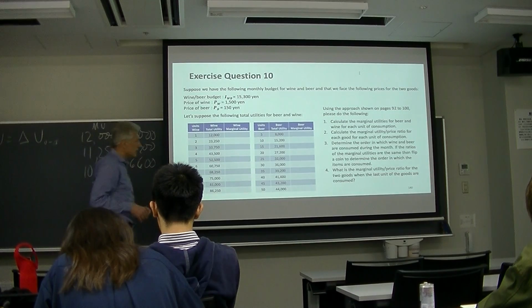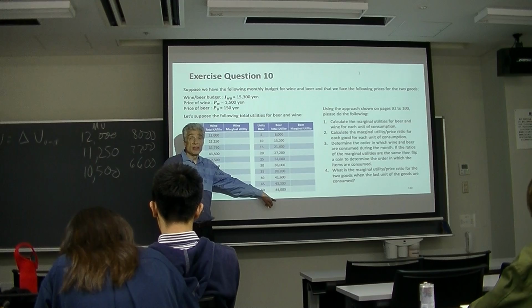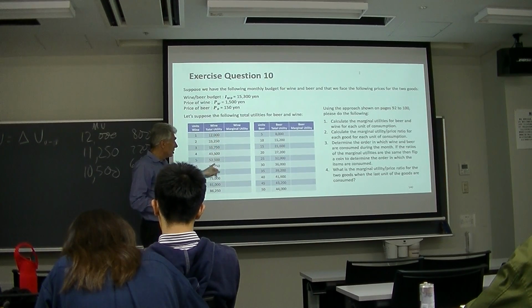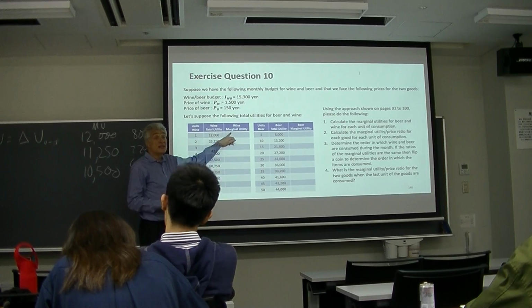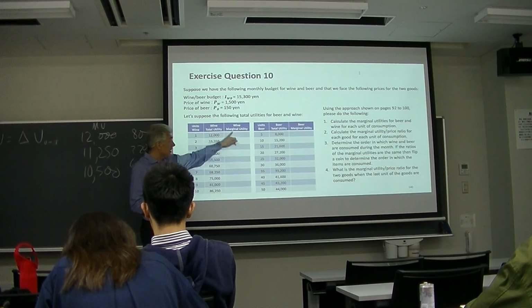There's a regular decrease, and that means there's diminishing marginal utility. The marginal utility increases, but at a diminishing rate. So I'm teaching you about diminishing marginal utility here.